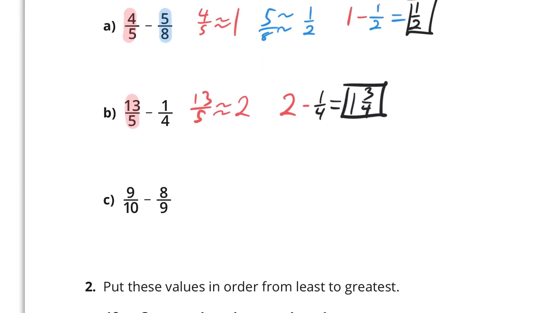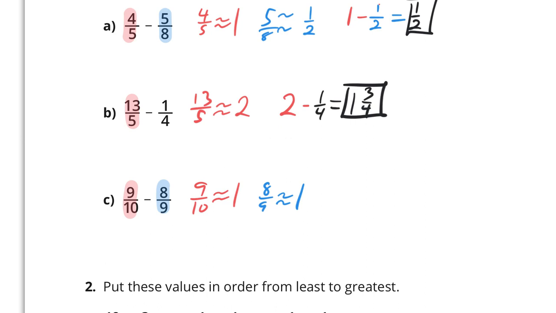And then we have 9/10 take away 8/9. Well, 9/10 is about 1, and 8/9 is about 1. But which one's actually bigger?